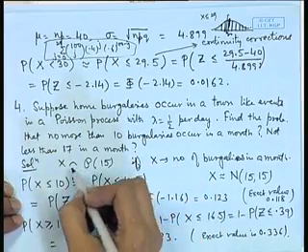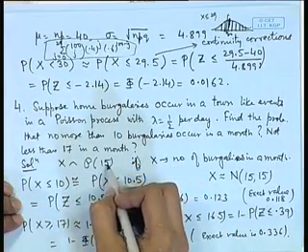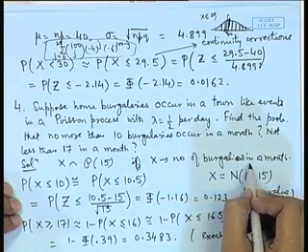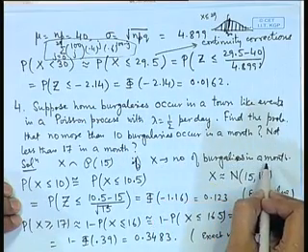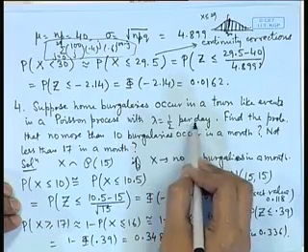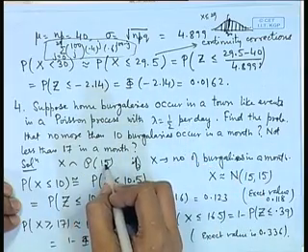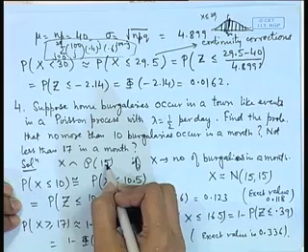If we denote by x the number of burglaries occurring in a month's time, then x follows Poisson 15. Since lambda is half per day, in a month we assume 30 days, so the parameter lambda becomes 15.